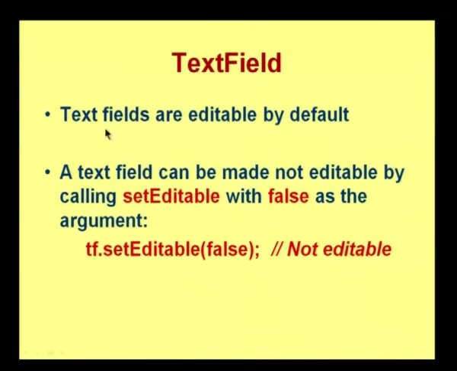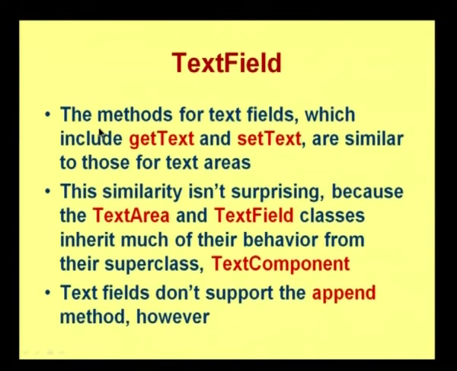This also has the setEditable method, so I can disable it by setting the editable value to false. Again, we have the getText and setText methods. The methods used for text fields are getText and setText. The similarity here is that text area and text field are both inherited from the text component.